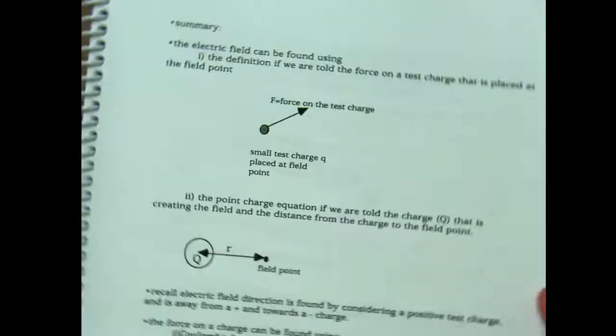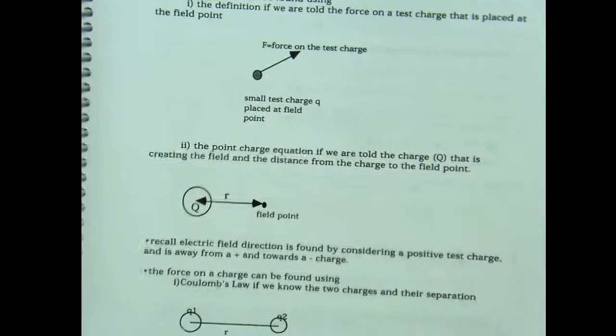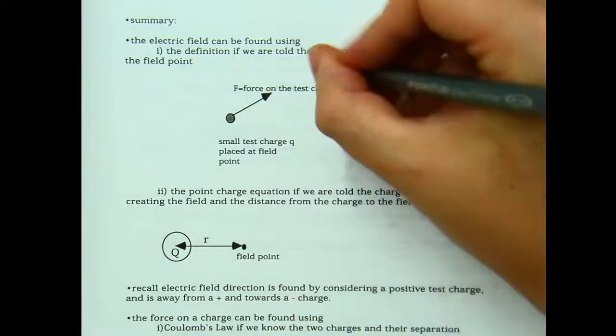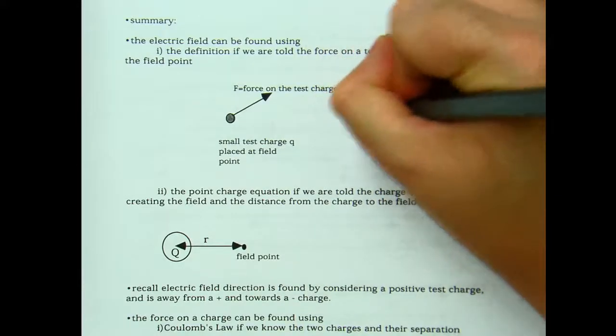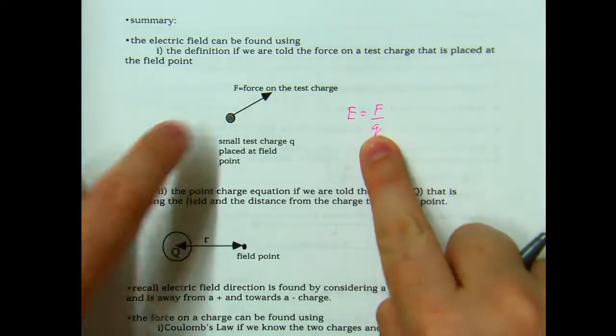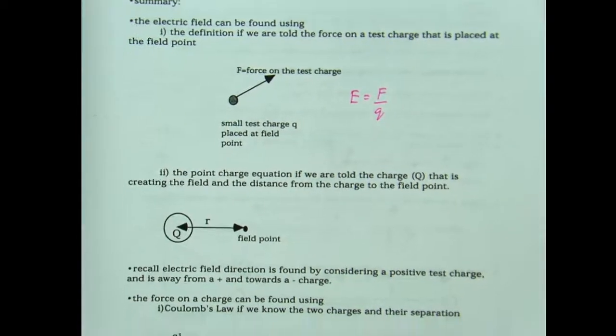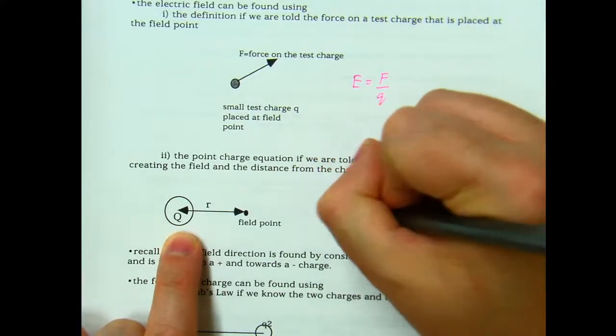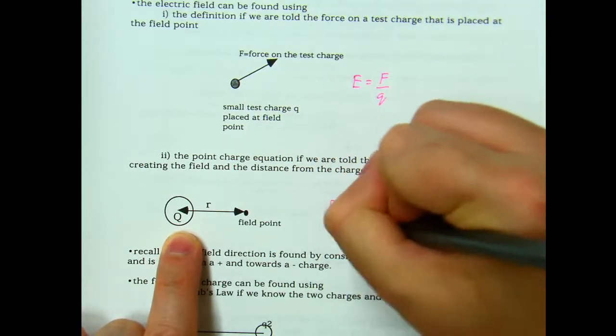So, as a bit of a summary, we can see that the electric field can be found using the force on a test charge. And to find that, we said the electric field is equal to the force divided by Q, Q being the test charge. We also said that the electric field can be found outside of a charged object using this formula: E equals KQ over R squared.